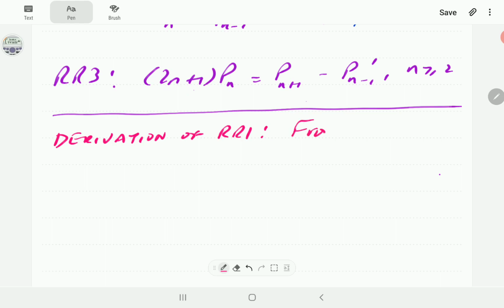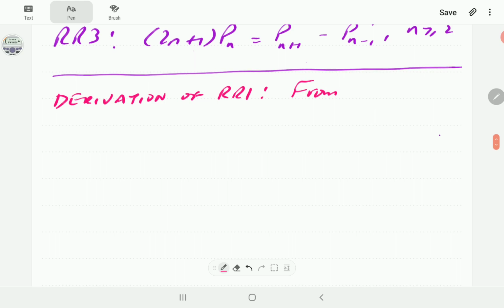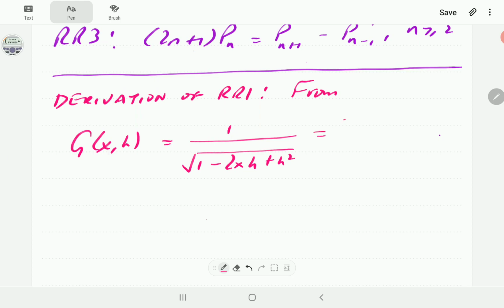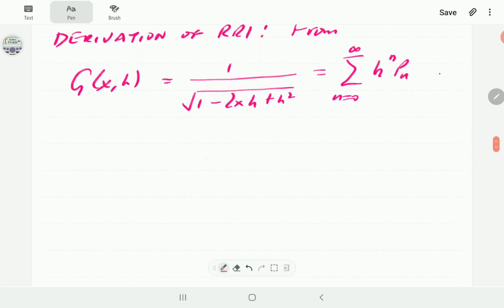We are going to work from the generating function. So g of x and h is 1 over square root of 1 minus 2xh plus h squared. This is equal to the sum of h to the power n times P n, and n runs from 0 to infinity.